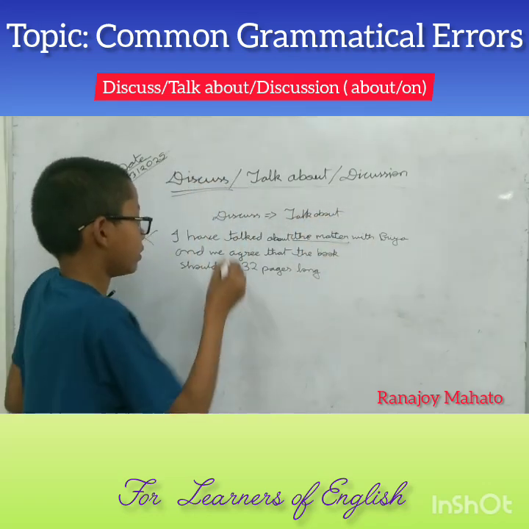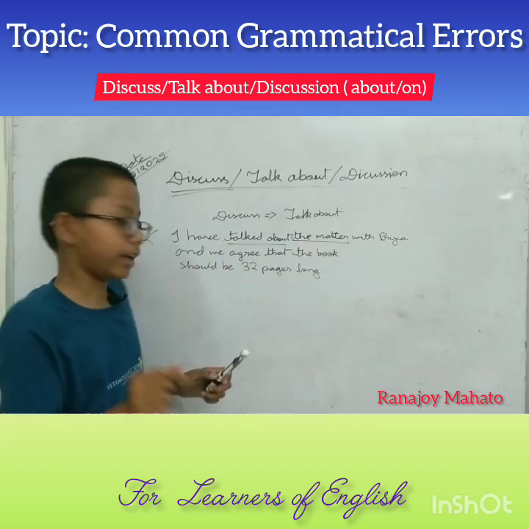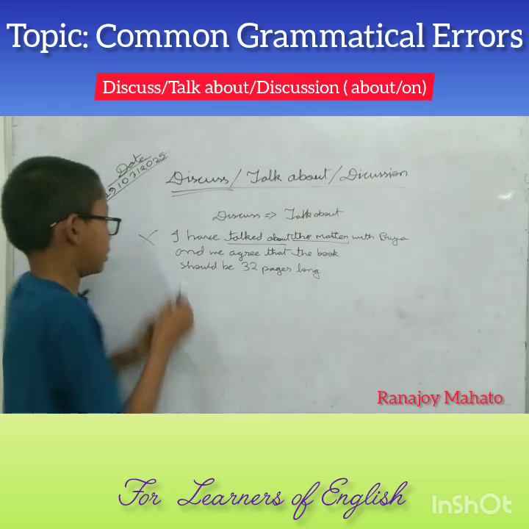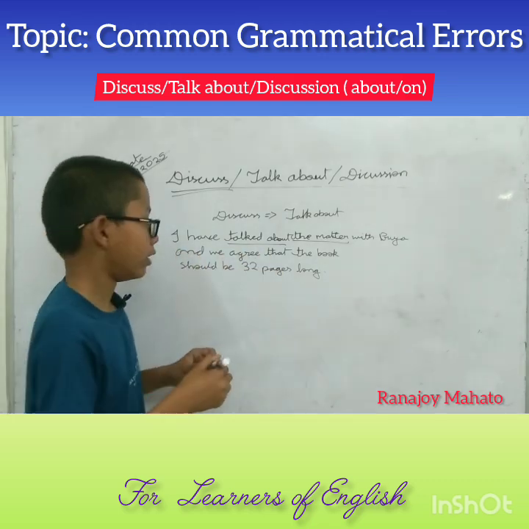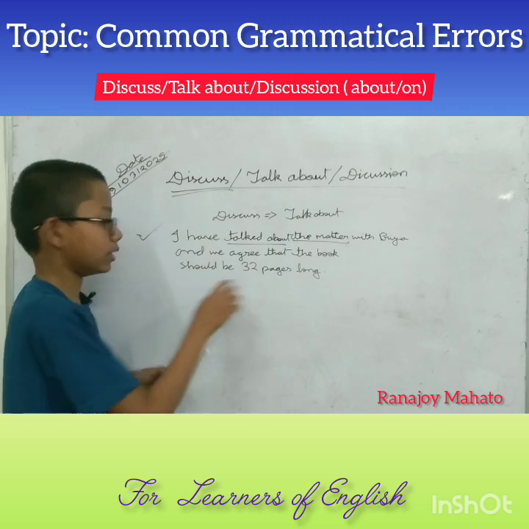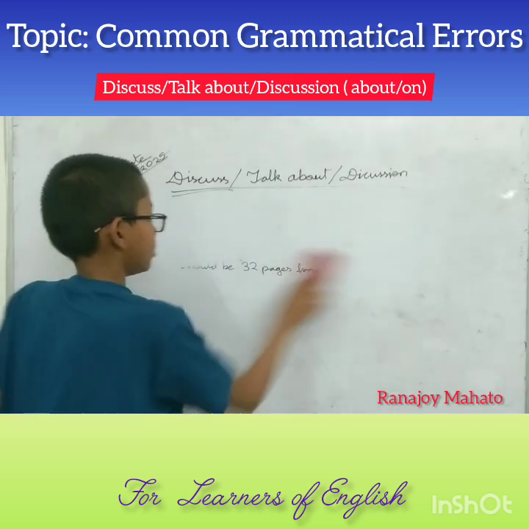So, that is why you can also write talk about or talked about and it will still be right. So, here is the other solution which is also right. I have talked about the matter with Priya and we agree that the book should be 32 pages long. So, yeah, that is another solution.